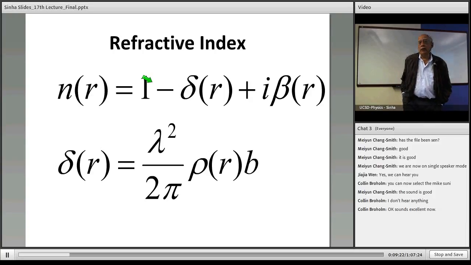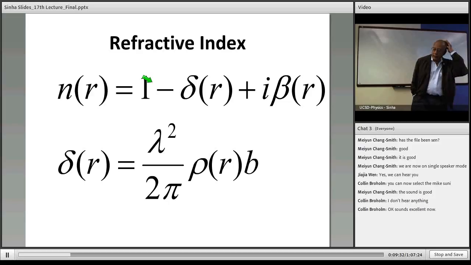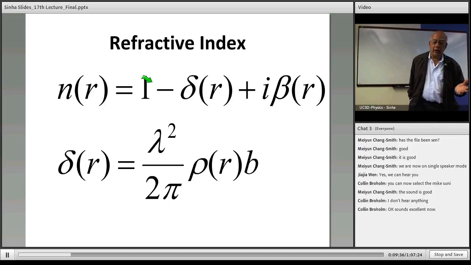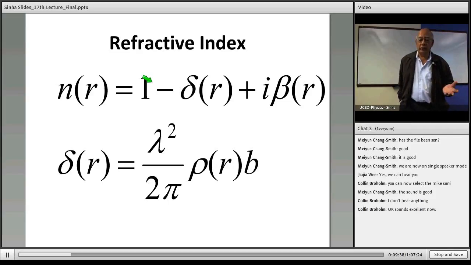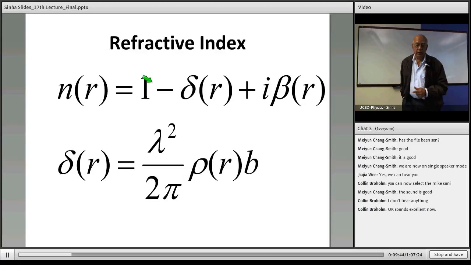And for positive scattering lengths, you notice that n of r is less than 1. And so you have the phenomenon that vacuum is the optically densest medium for neutrons, whereas solids, most solids, are less dense.